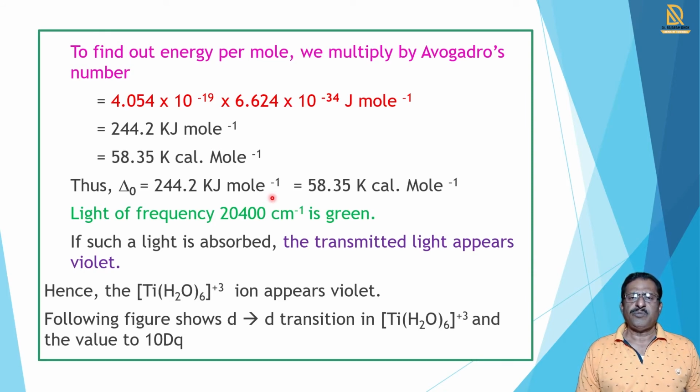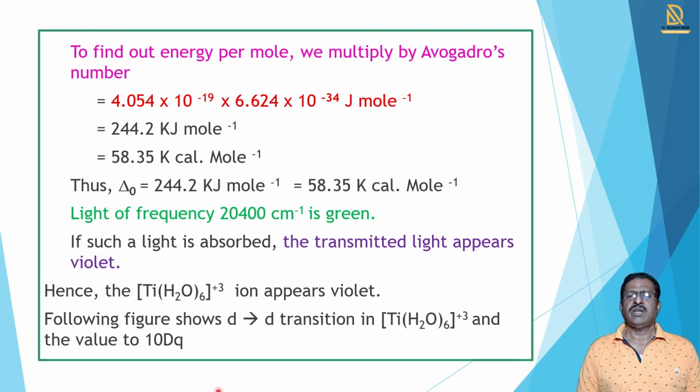Means with the help of the given spectra, we can calculate the values of 10 Dq. So in this example, [Ti(H2O)6]3+, the light of frequency 20400 cm^-1 is green, and if such light is absorbed, the transmitted light appears violet.